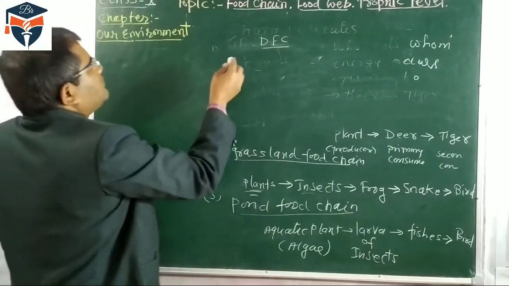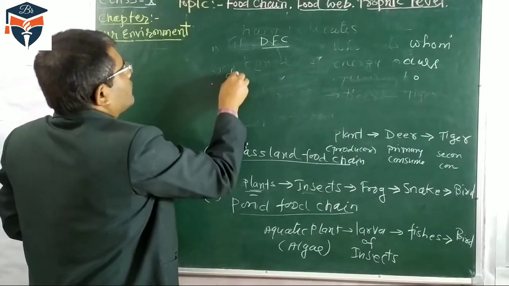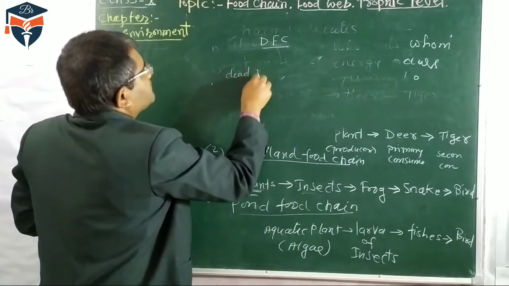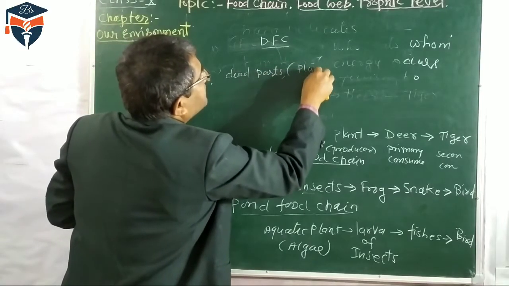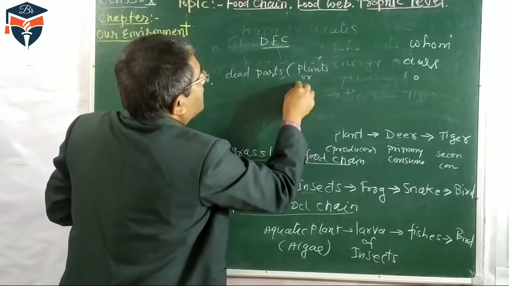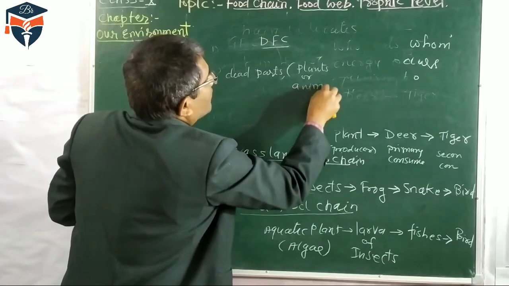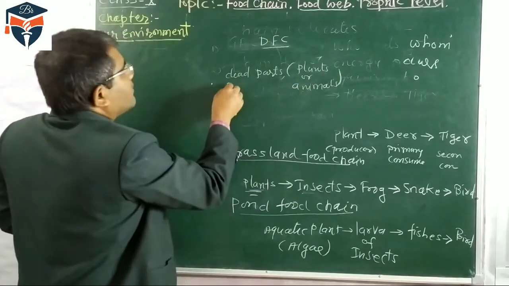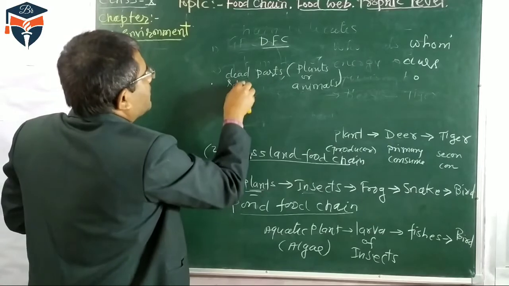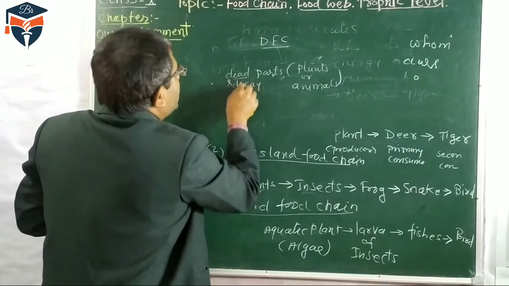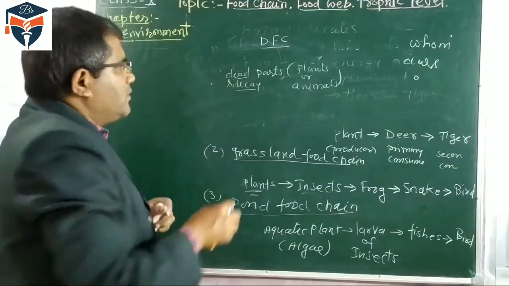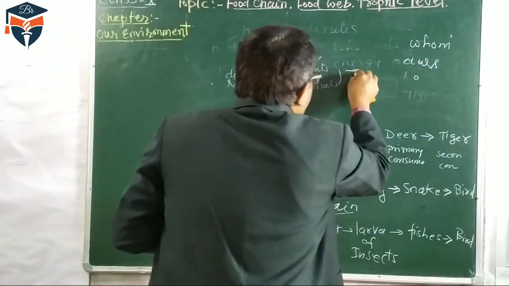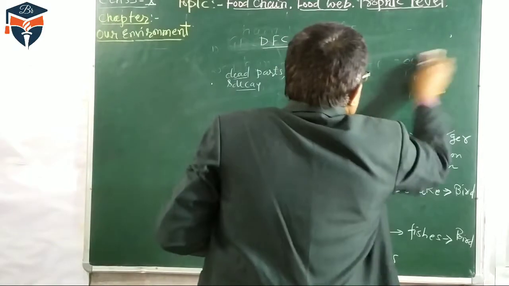So in the detritus food chain, first you understand these are the dead parts, and these dead parts may be of plants or maybe of animals. So dead and decayed parts of plants and animals are fed upon by some microbes.